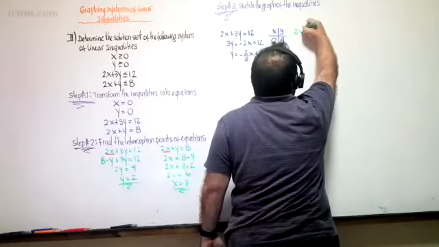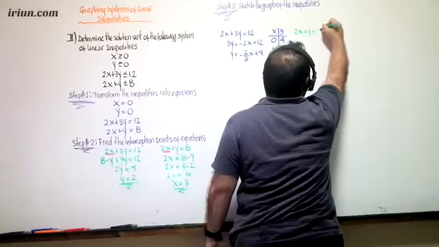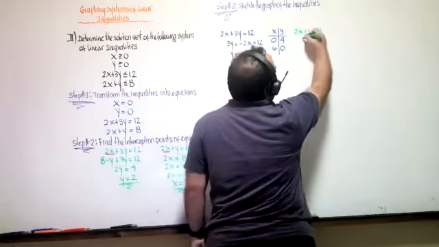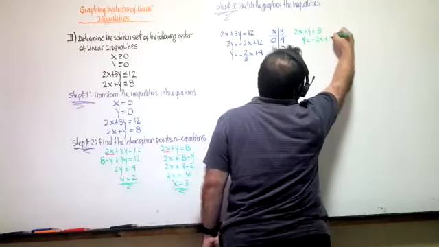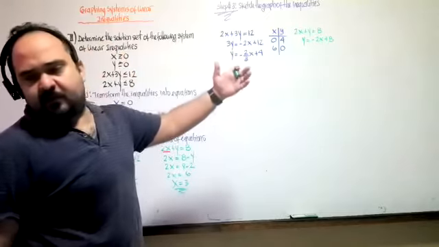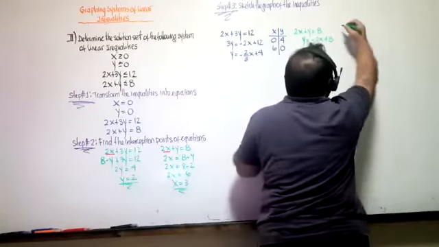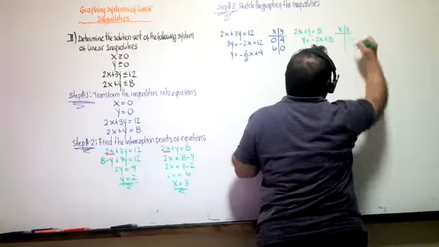I mean, 2x plus y equals 8. And you know, y will be equal to negative 2x plus 8. Okay, and now we can apply the mini table of values, looking for the intersection points.